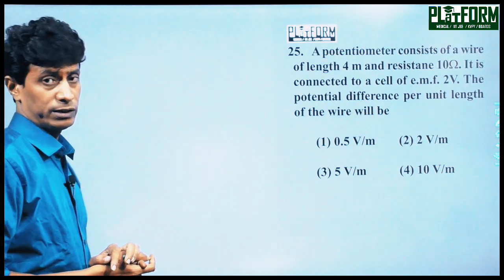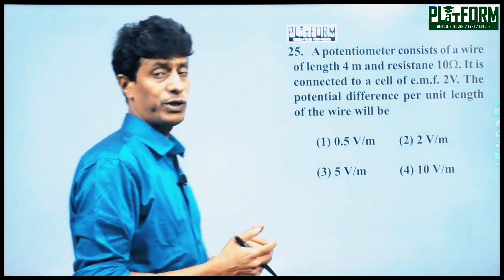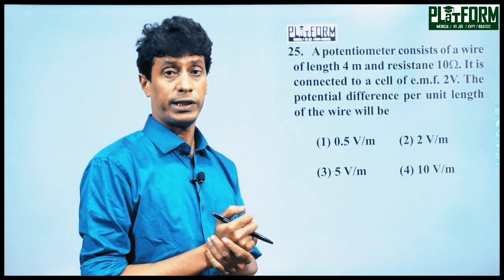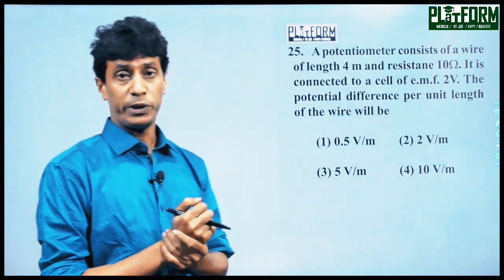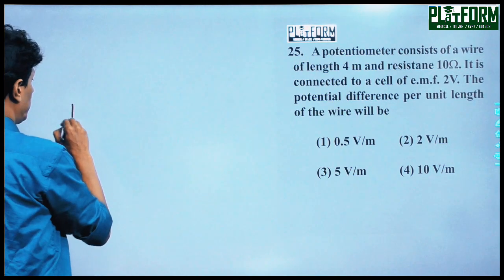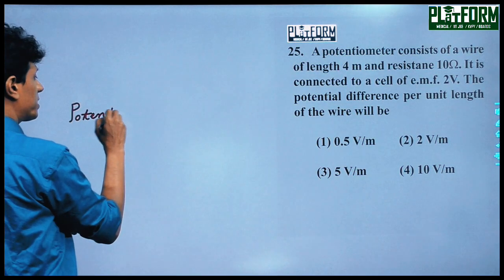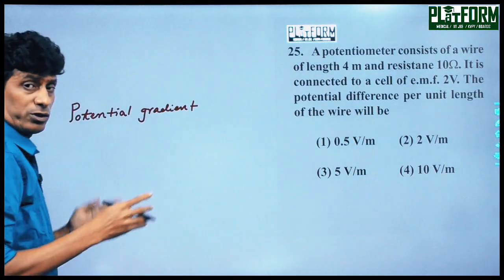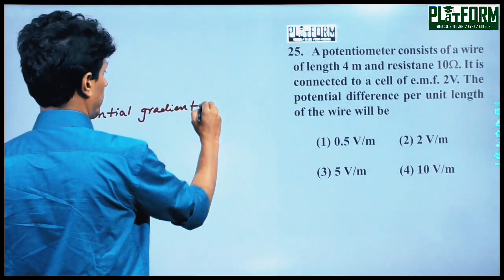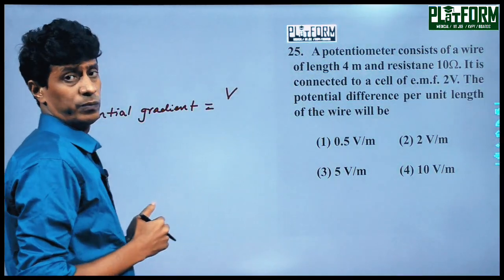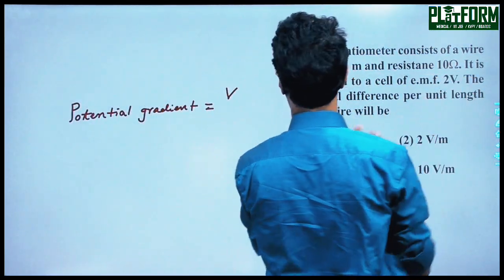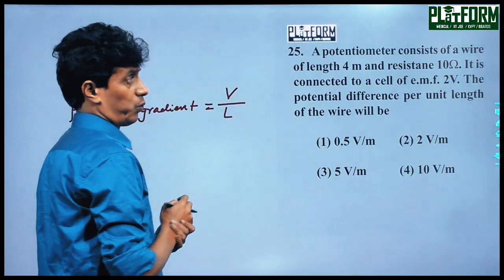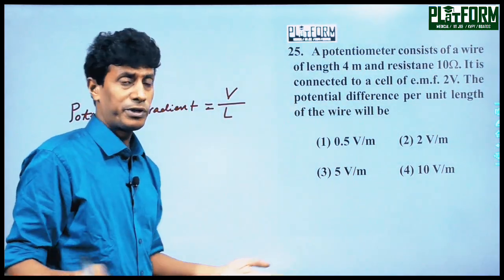Potential difference per unit length means we have to find the potential gradient along the potentiometer wire. The potential drop across the wire is V, which is 2 volt, and the length of the wire is L. Whatever the resistance may be, 10 ohm or 5 ohm, it doesn't matter.